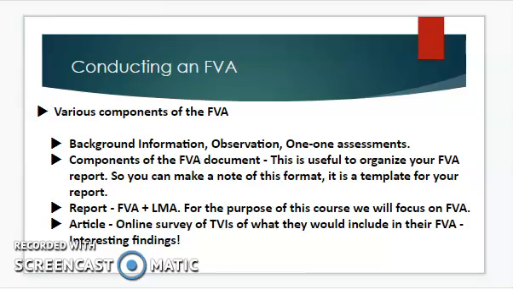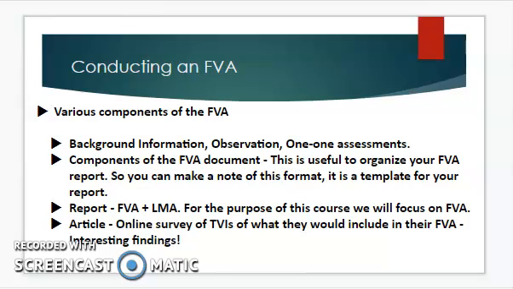We did the assignments so that you get practice in all 3 major components, which is the background information, and then you observe in different environments, and then there is one-on-one. You take the student to a quiet place, to a quiet room, and then you do the different parts of the functional vision assessment.